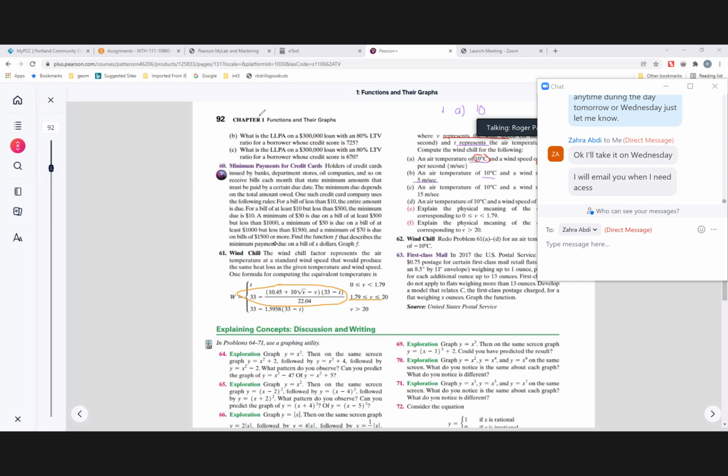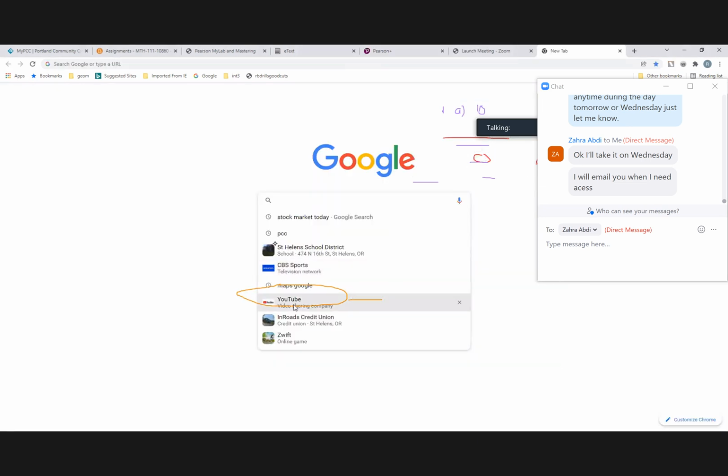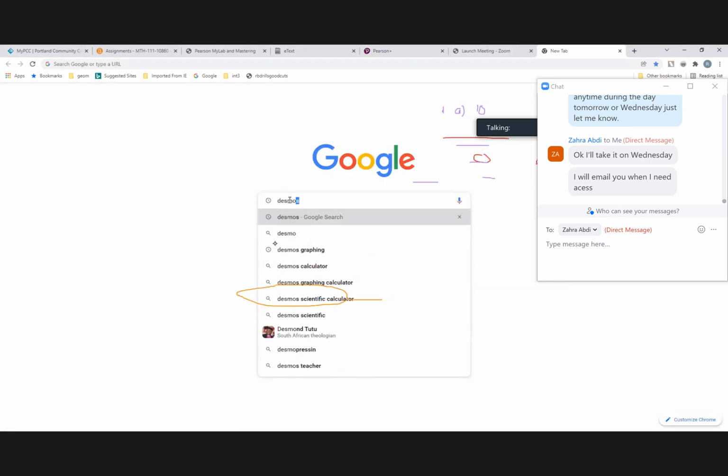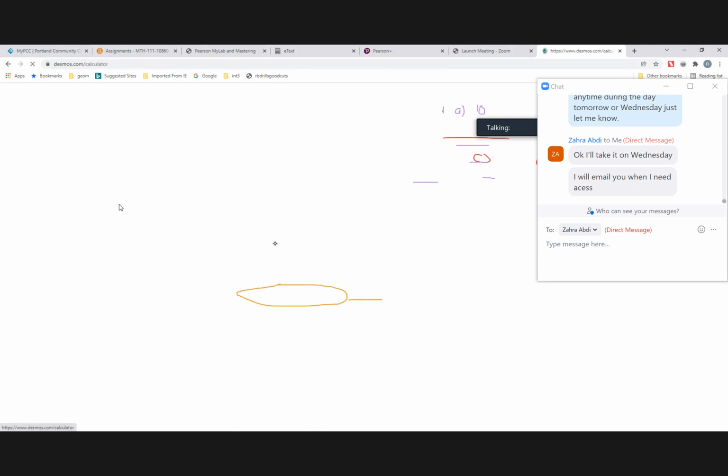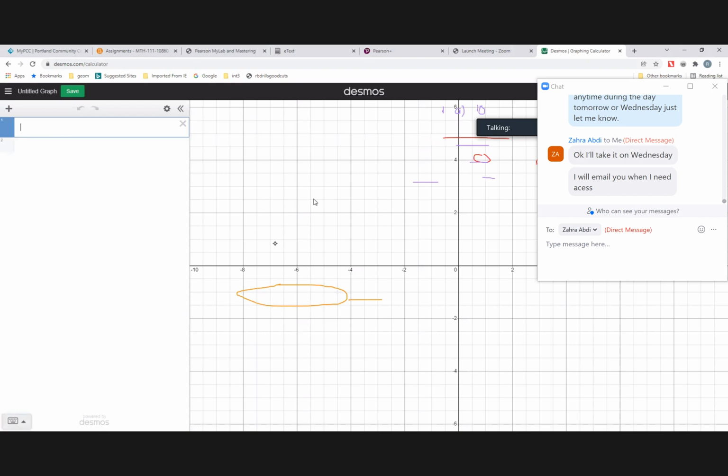I definitely want to put this in decimals. Let me see if I can get decimals pulled up. Oh, I guess it is here. Graphing calculator. All right, now I'm going to put that formula in.